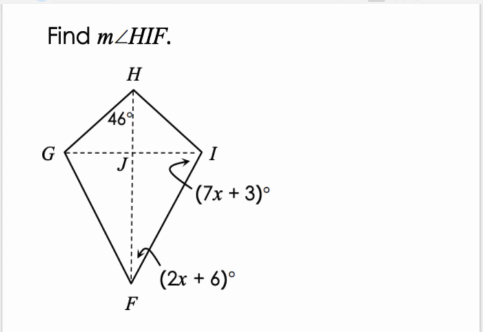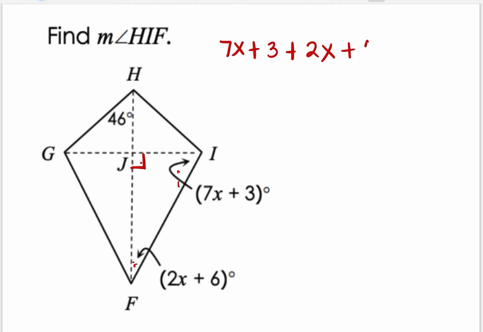So remember, this is a right angle, and since that is a right angle, then we can add these two angles together, plus this angle equals 180. So that would be 7x plus 3 plus 2x plus 6.